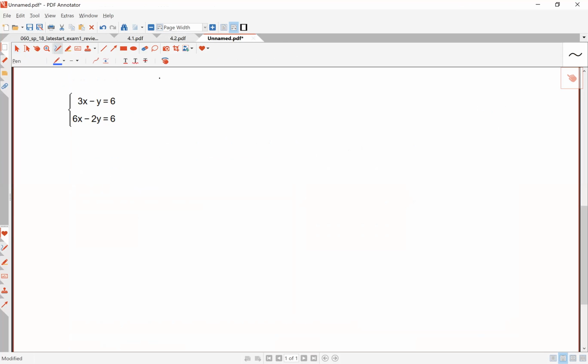Yeah. All right. So if I have 3x minus y equals 6, then putting it in slope intercept form, we subtract 3x from both sides, and then we divide by -1. And that gives me y equals 3x minus 6.